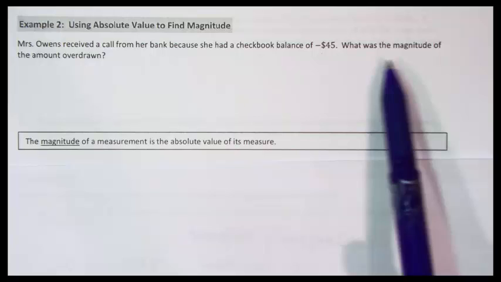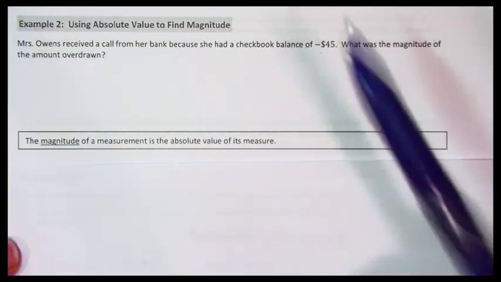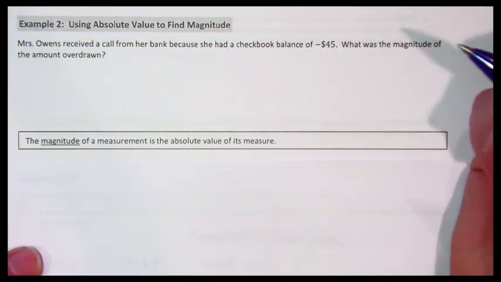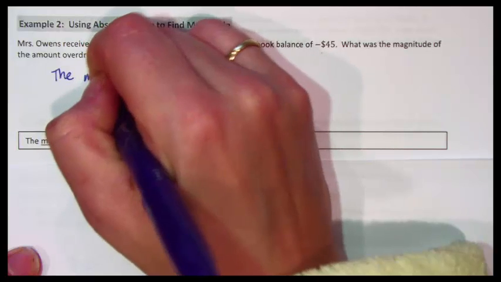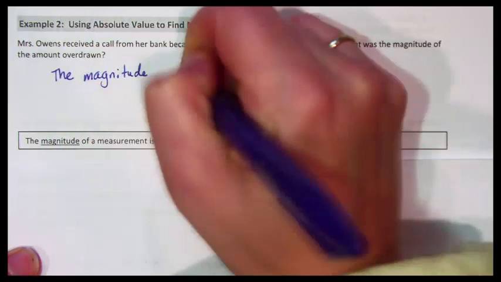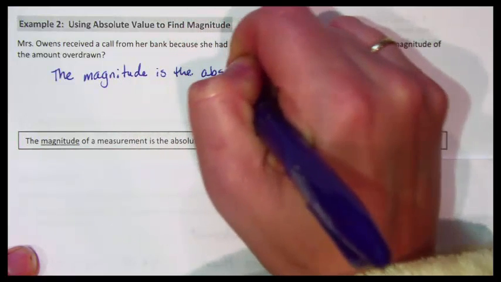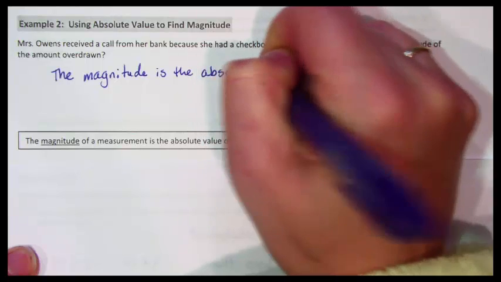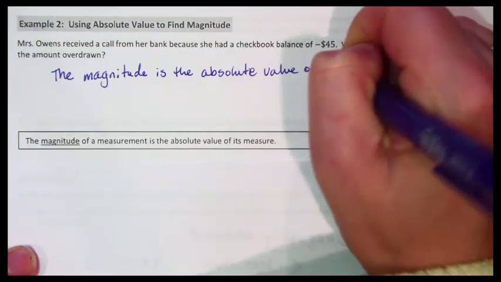We want to know what's the magnitude of this number. When we do magnitude, we're looking for the absolute value of a number. The magnitude, how big something is, is the absolute value of the number.